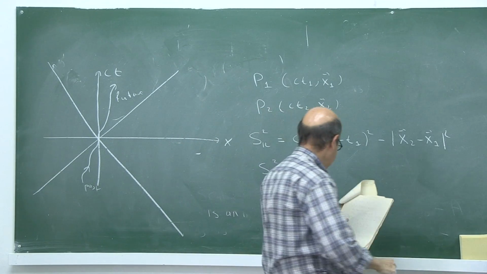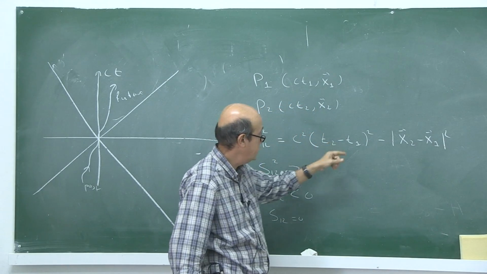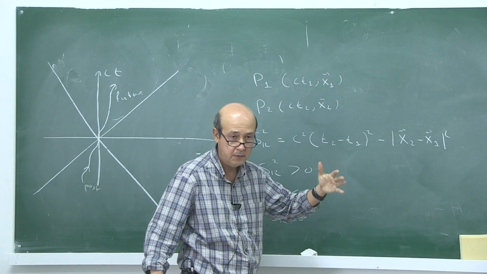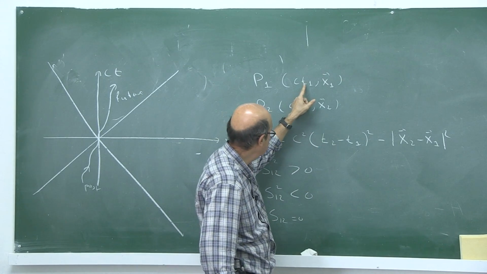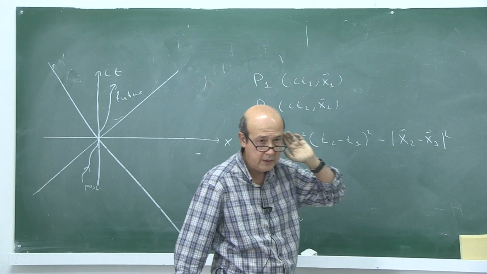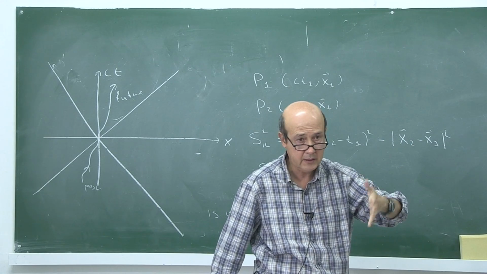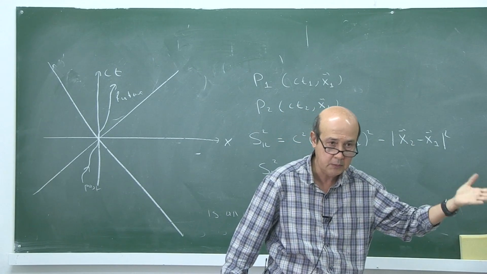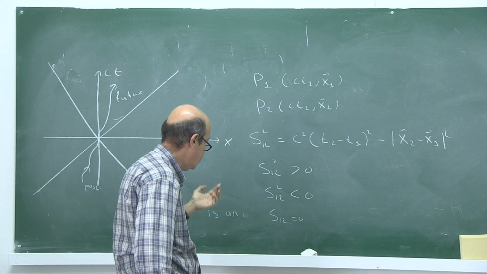So you know that this is the length of the difference of the 4 vectors. One event occurred at T1, X1, the other event occurred at T2, X2. One event occurred at T1, X1 in Ankara, the other occurs in Istanbul in different time and space, let's say.